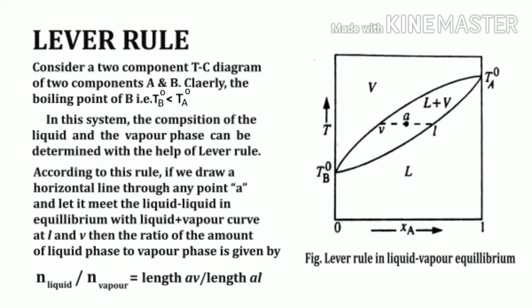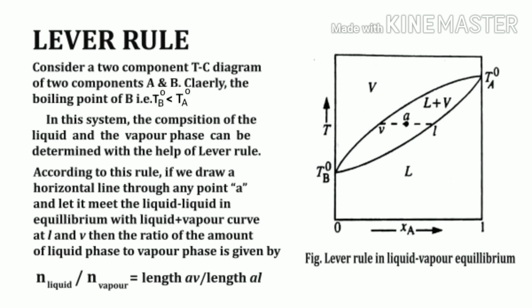With the help of such a temperature composition curve, we can determine the composition of the liquid and the vapor phase using a simple rule known as the lever rule. To understand this, let us consider a two-component temperature composition diagram of the components A and B. Clearly, from this figure, the boiling point of B, that is TB naught, is less than TA naught.